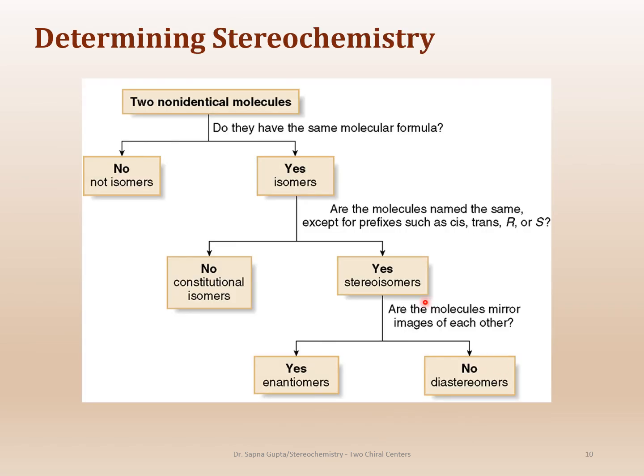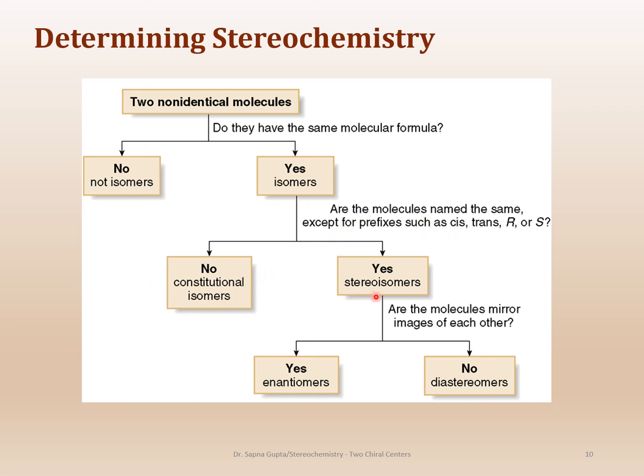And here's another little chart to see if your compounds are stereoisomers or not. Okay, and if you have two not of the same molecules, then do they have the same molecular formula? If they don't have the same molecular formula, they're not even isomers. If they have the same molecular formula, great. Do they have the same kind of structures or not? If not, they're constitutional isomers.